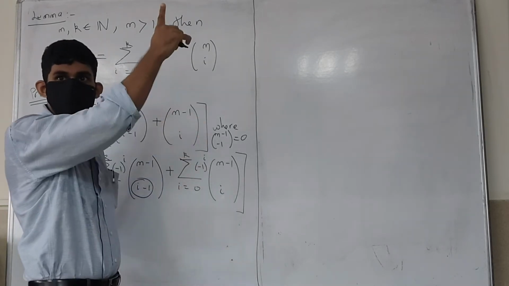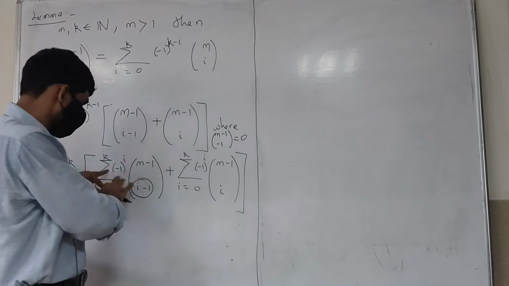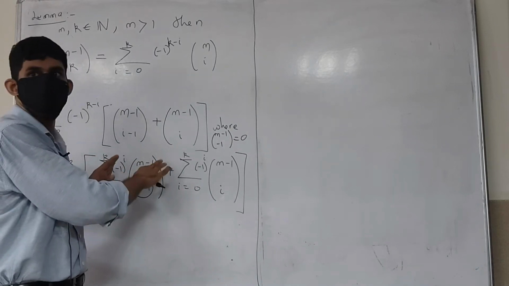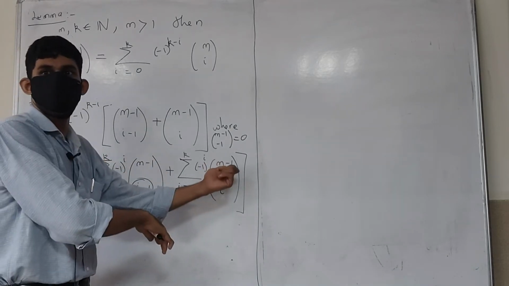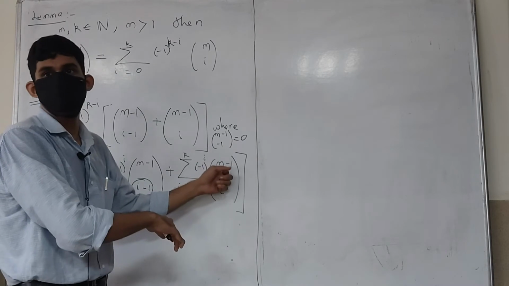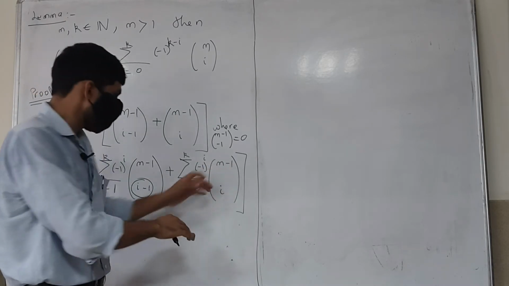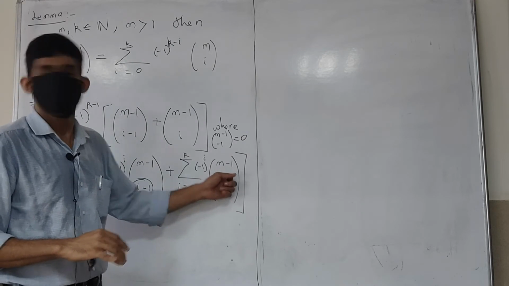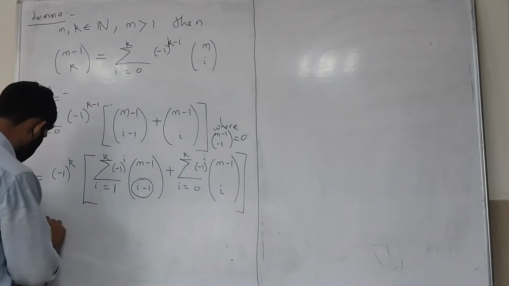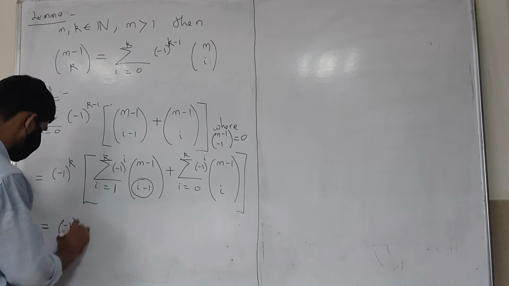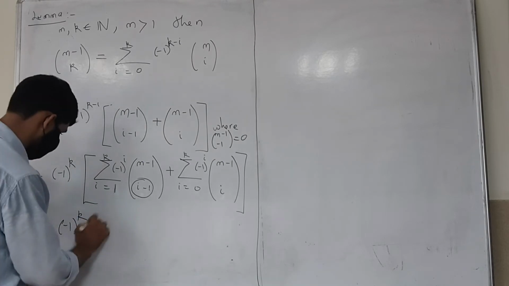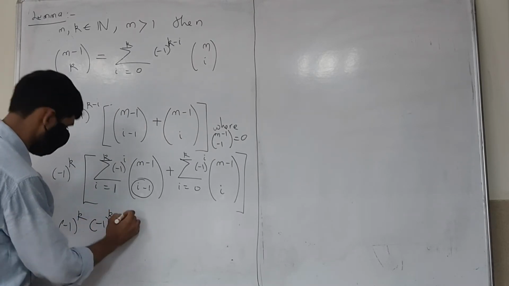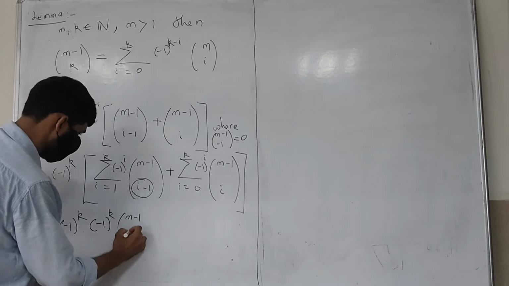Whatever term appears here, the opposite sign appears there. So what is going to be left? Just the kth term, which is nothing but minus 1 raised to k times minus 1 raised to k times (m minus 1) C k.